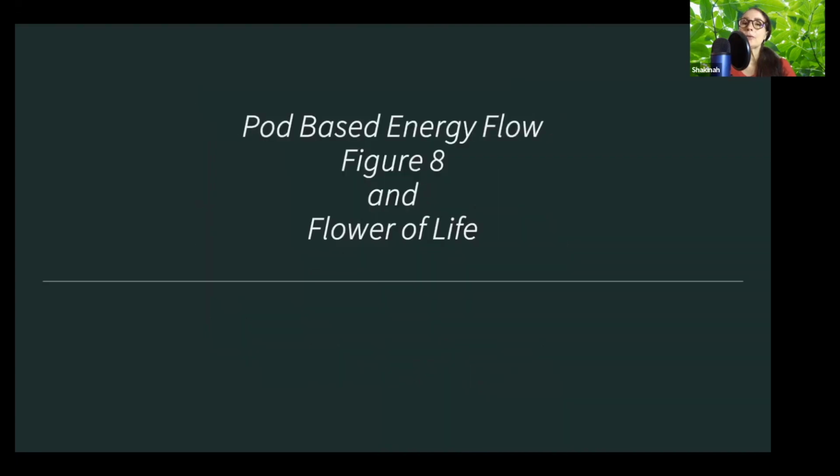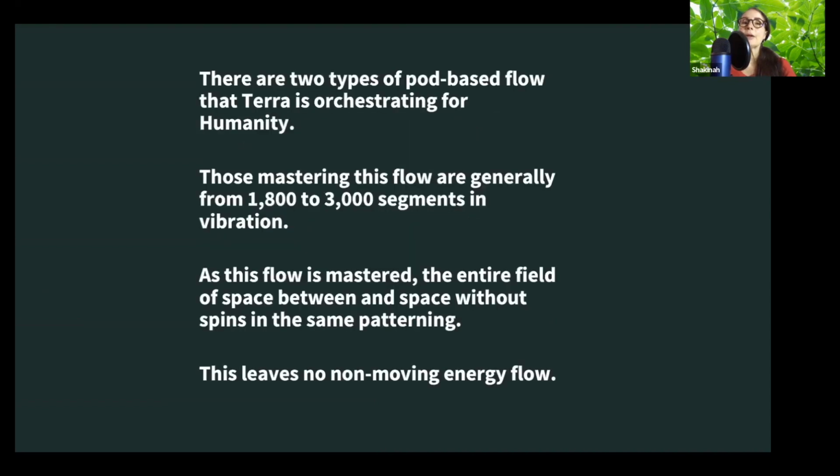Pod-based energy flow, figure 8, and flower of life. There are two types of pod-based flow that Terra is orchestrating for humanity. Those mastering this flow are generally from 1800 to 3000 segments in vibration. When we talk about segments, what we're discussing here is vibration.